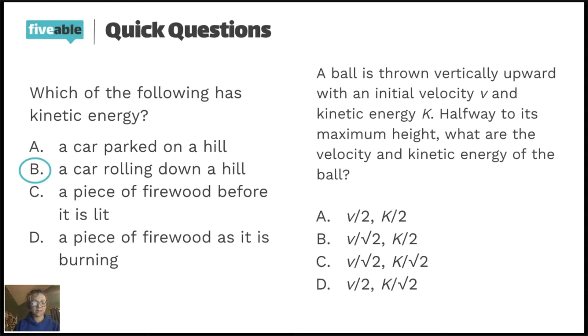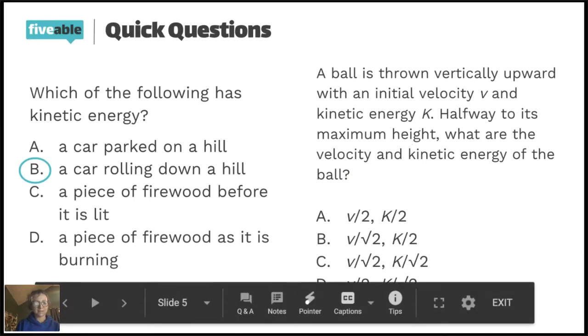Because it's experiencing the acceleration due to gravity. So the velocity will decrease at a linear rate until it gets to the very top, and then it will turn around and the velocity will increase at the same rate as it comes down. And so for the velocity, it's pretty easy. The velocity is going to just be half. So it's got to be either A or D.